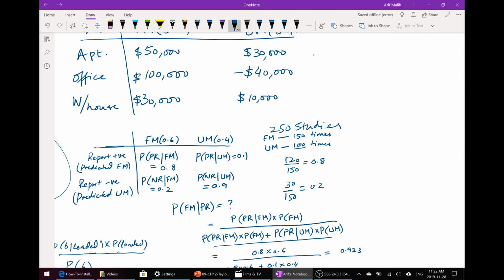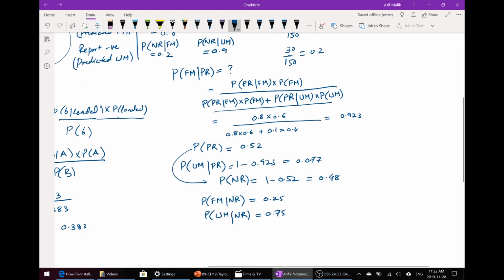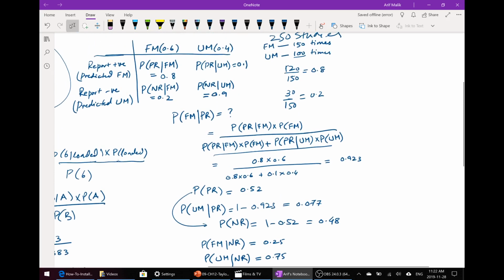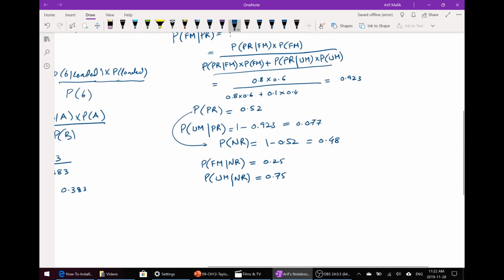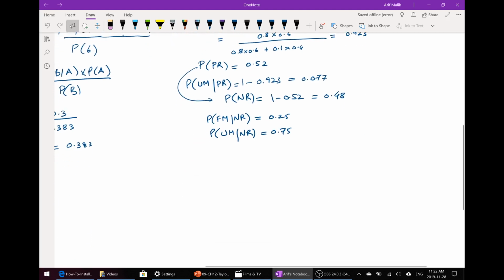Remember that we have already worked out in the previous part the probability of favorable market given that positive report has come, and probability of unfavorable market given that positive report has come, etc. All these different probabilities have already been worked out, so we will be using that.